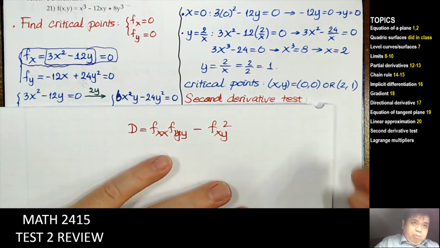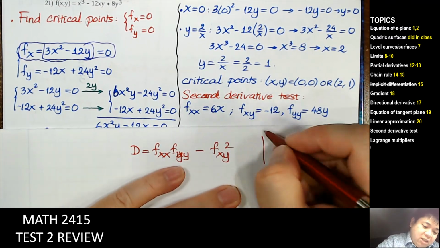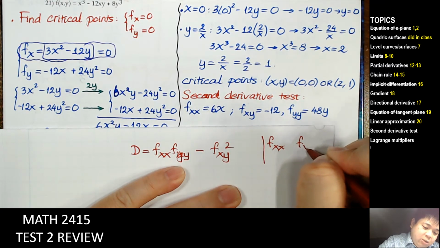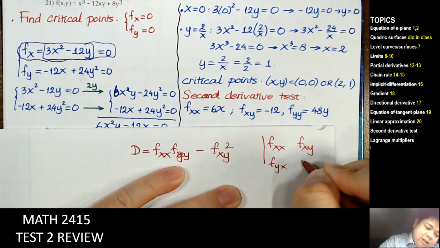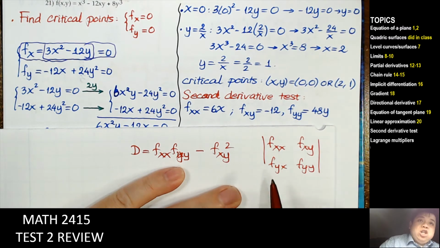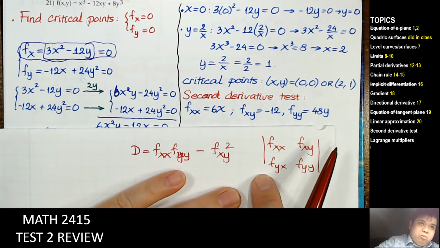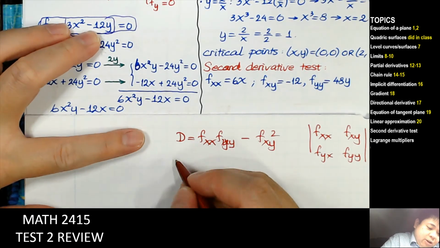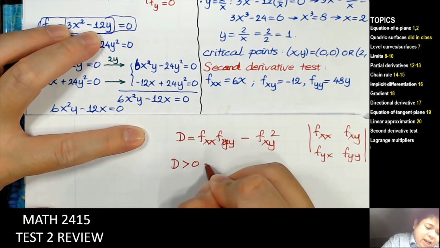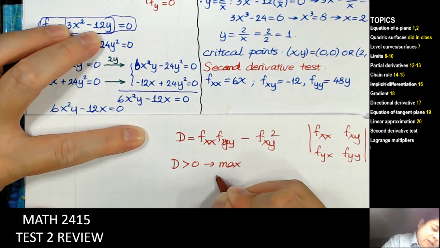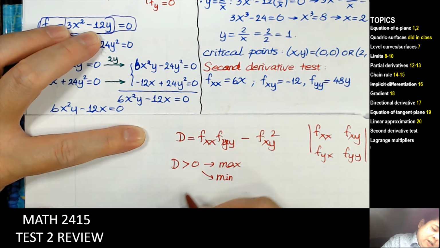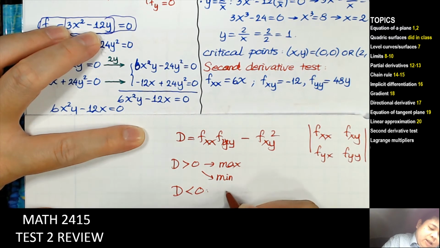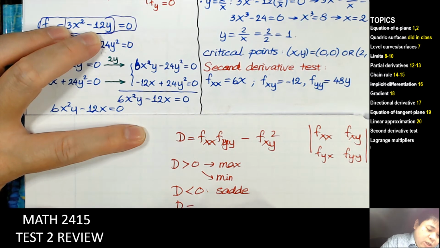If we happen to forget, it's actually from the Hessian matrix, fxx, fxy, fyx, fyy, then a 2 by 2 determinant: multiply and then subtract. That is the discriminant. If the discriminant is positive, then we have a max or min. If the discriminant is negative, that is a saddle. And D equal to 0 is inconclusive.